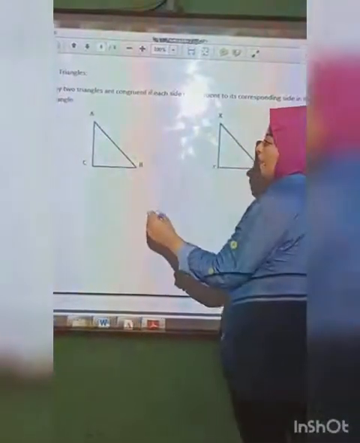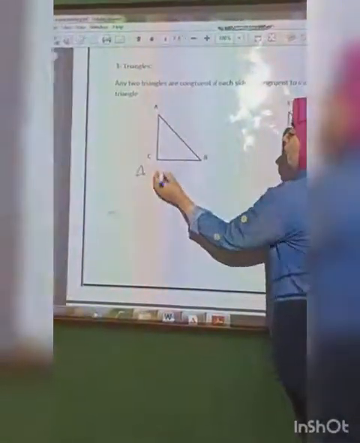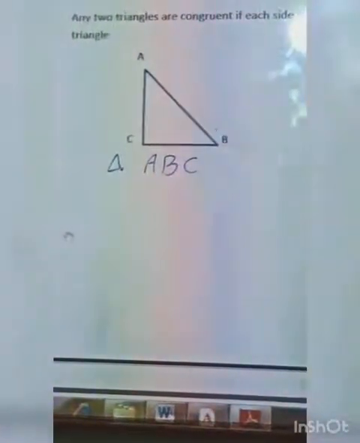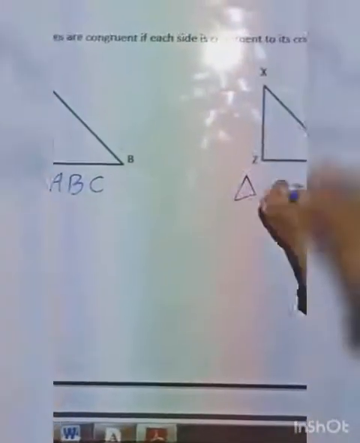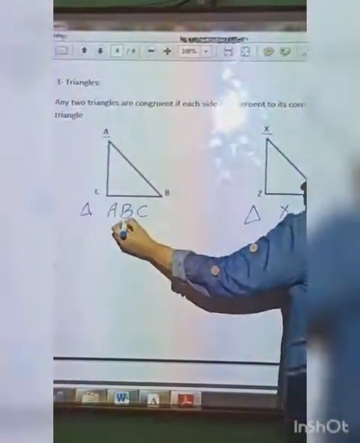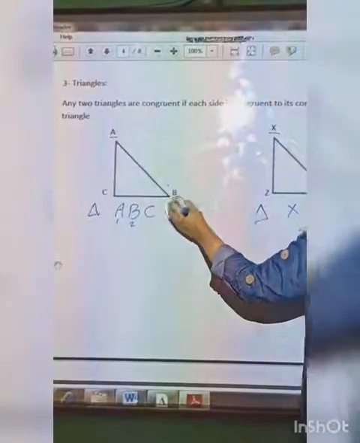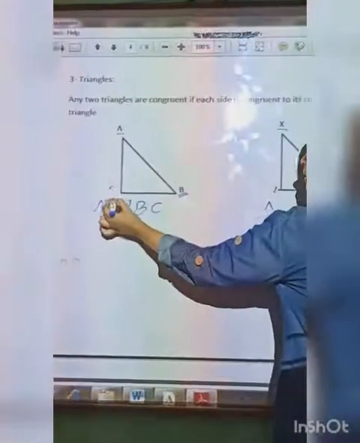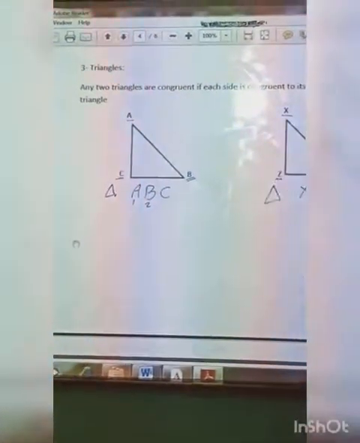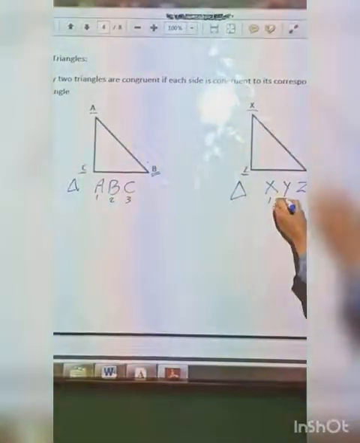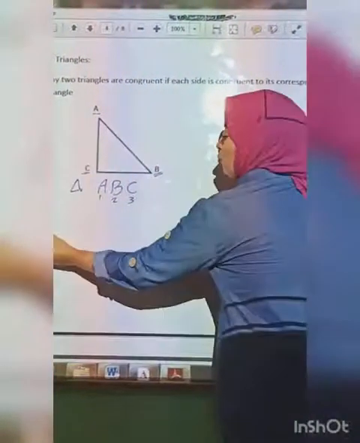First, I have the triangle A, B, C and the triangle X, and we start here from A, then X. Number 2, I take B, so I will take Y. Then I take C, so I will take Z. 1, 2, 3, and 1, 2, 3.